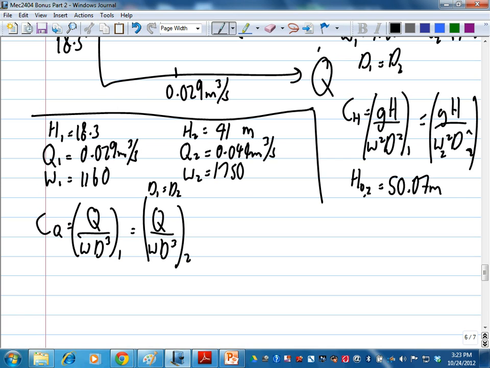This is at the best efficiency point. This is at the cutoff rate, basically this is at Q0. This one is at 41. I think it should be 18.3 times 1750 squared divided by 1160 squared. Is that right? Any other questions? You all okay? You can get it?